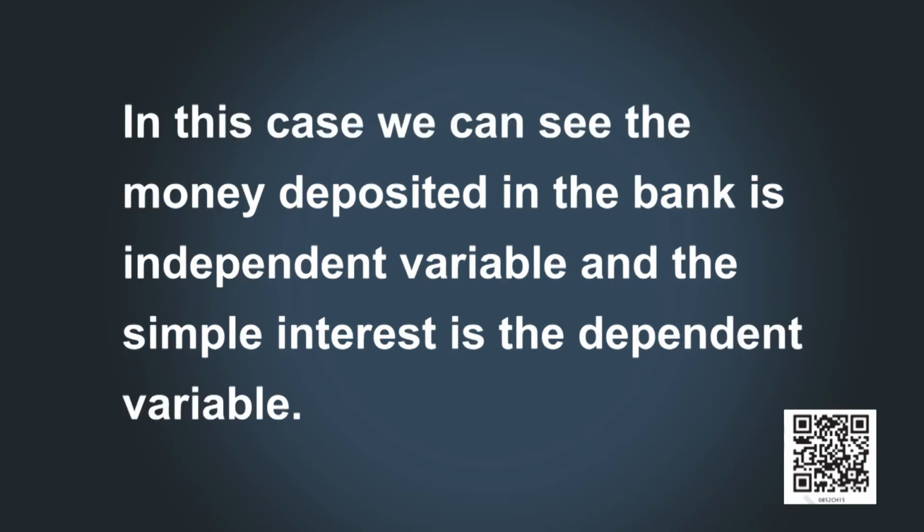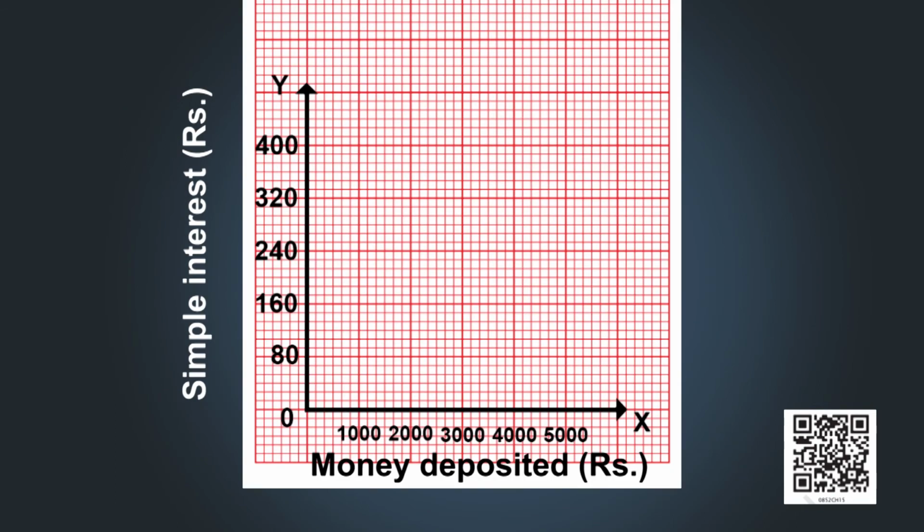In this case, we can see the money deposited in the bank is the independent variable and the simple interest is the dependent variable. To solve the problem, first mark the money deposited on the x-axis and the interest on the y-axis.